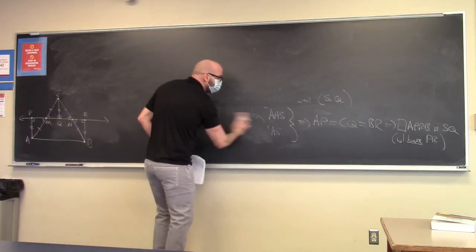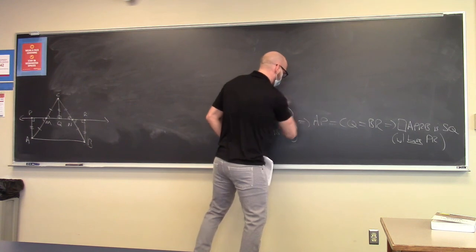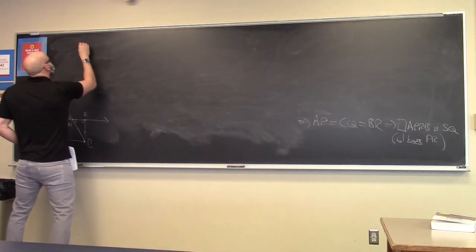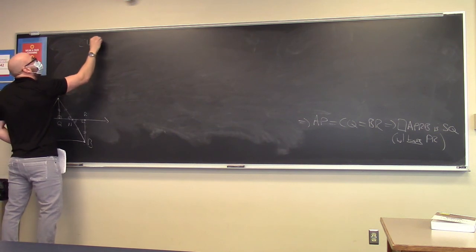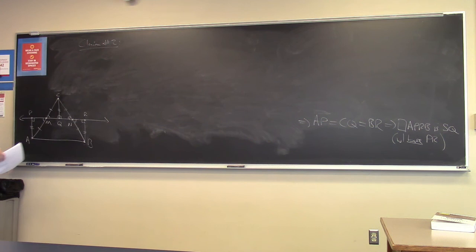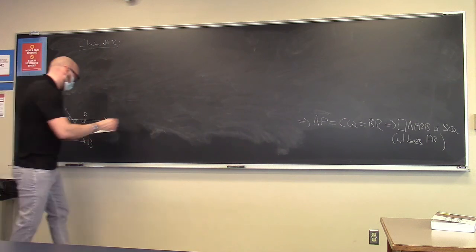I don't need to. All right, so here's my second claim. Claim number 2. My claim is that this original triangle ABC and the security quadrilateral we built have the same defect.